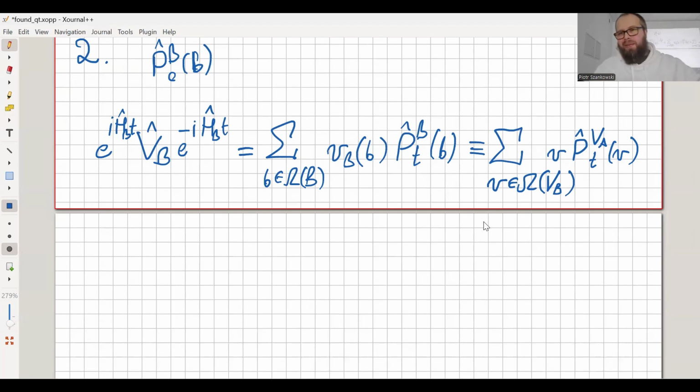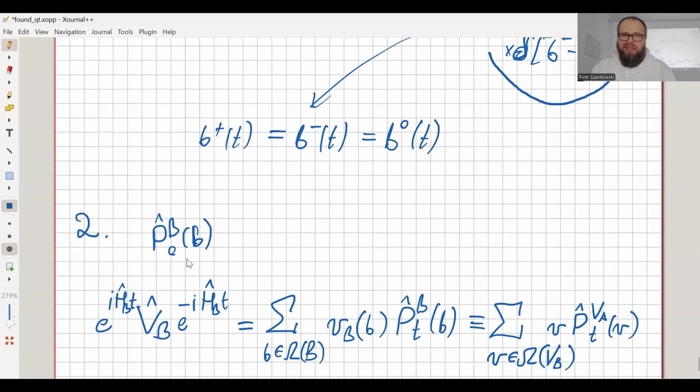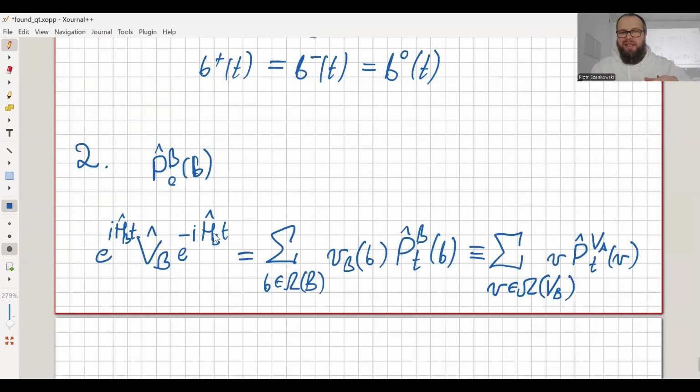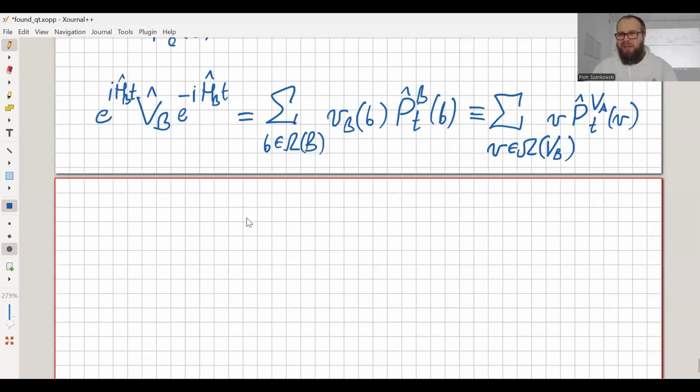So those operators that allowed us to define our B subsystem by trajectory come from the spectral decomposition of the Hermitian operator VB. So we can generalize this observation: whenever you have any observable, any Hermitian operator F, it has a spectral decomposition.